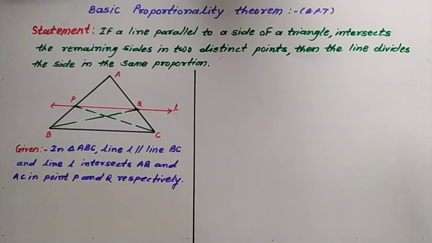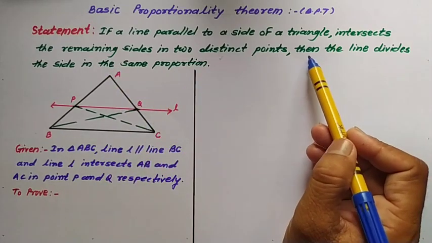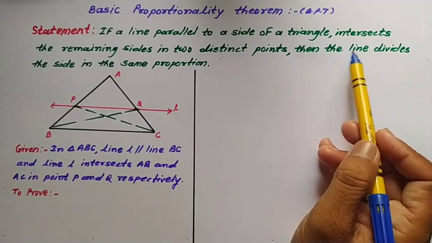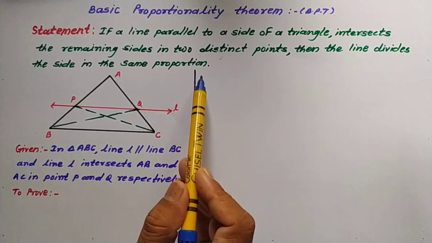Next, write down the to prove. It is the information given in the statement after the "then" part: the line divides the sides in the same proportion.